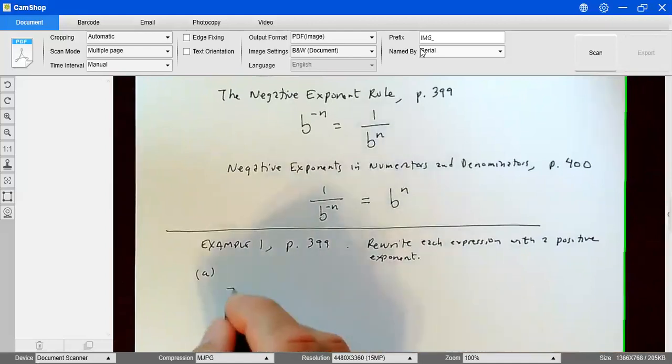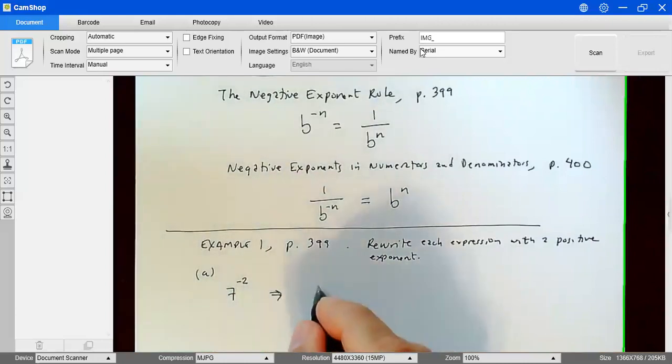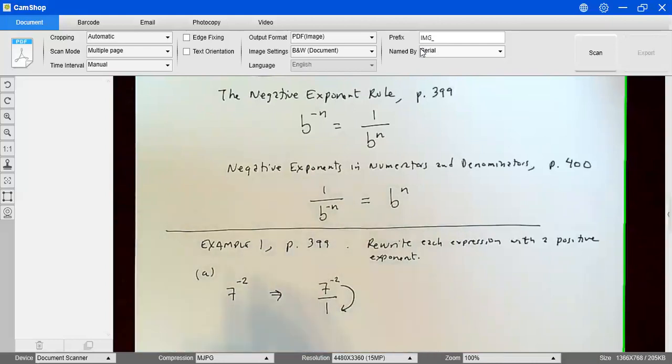So we're going to start with 7 to the negative 2. The thing that we're going to do is write 7 to the negative 2 over 1 to see the process. And then we're going to move this quantity with a negative exponent to the denominator to switch the sign of this exponent.